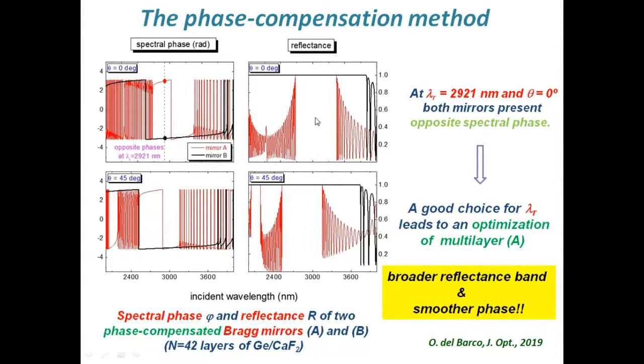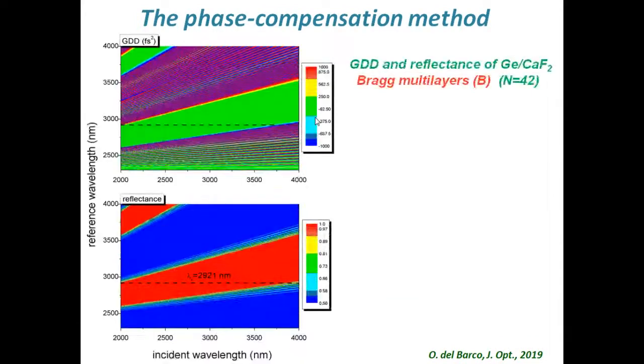So we can reflect ultra short pulses in such multilayers. For example, here we have the GDD in femtoseconds squared and the reflectance for 42 alternating layers of germanium and calcium fluoride, for the B multilayer. Here is the incident wavelength, in the near infrared, and here the reference wavelength, lambda R. The red one is the reflectance, which is near 1, so we have an ultra high reflectance.